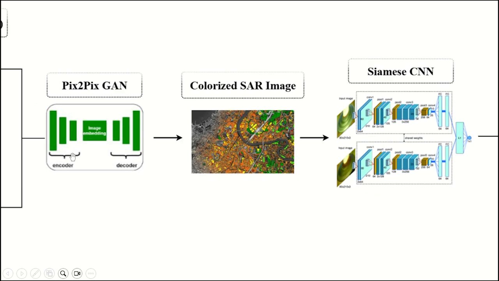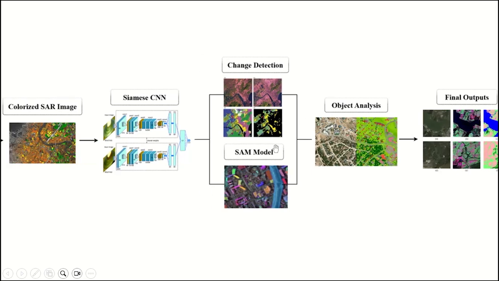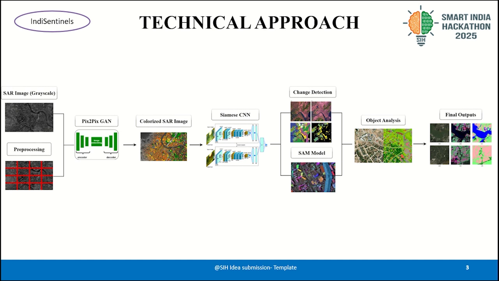Then the colorized SAR image will be used by the Siamese CNN, which will actually perform the change detection, and then the SAM model, that is Segment Anything Model, will be used to analyze each object very precisely, and the final outputs will be generated.